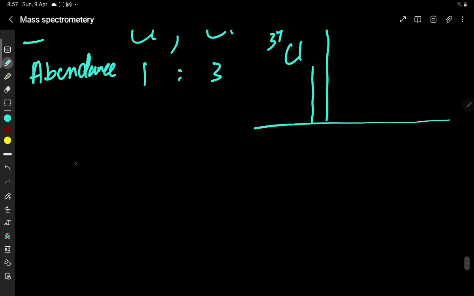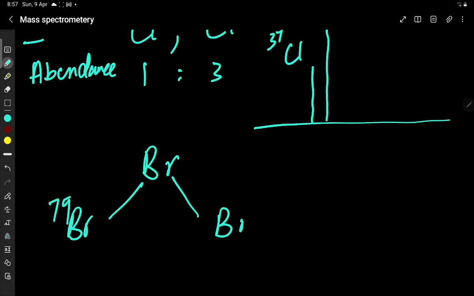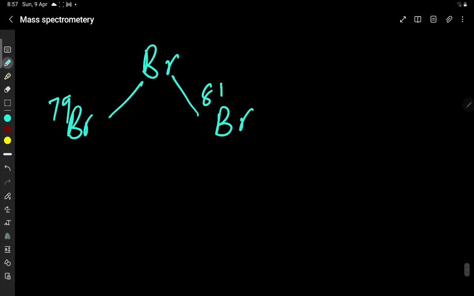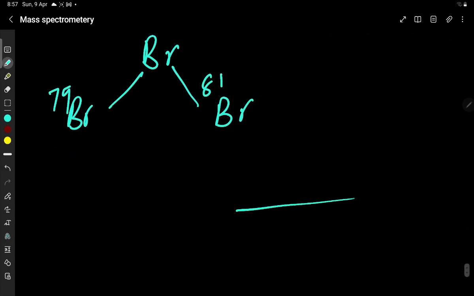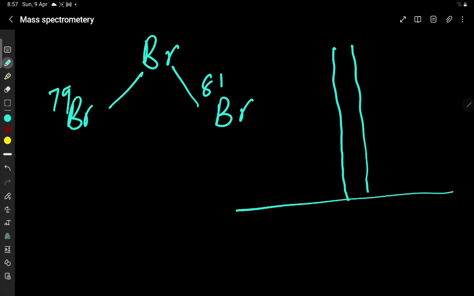And you know that bromine also has two isotopes, bromine 79 and bromine 81. If the peaks look like this on the mass spectrum, with a 1:1 ratio, then it will definitely be a bromine atom present.